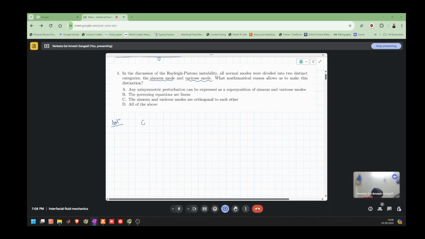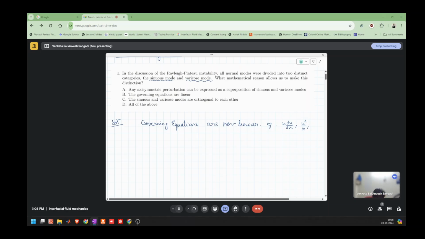Initially, the governing equations are non-linear, as they have terms like u dot del u by del x or u square by r, and terms like these.